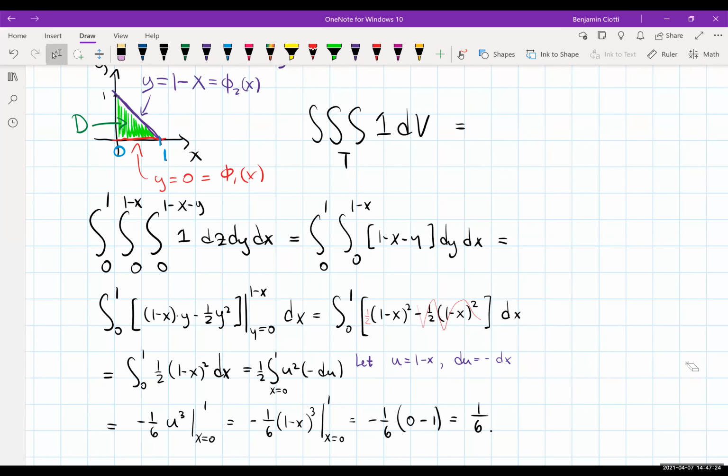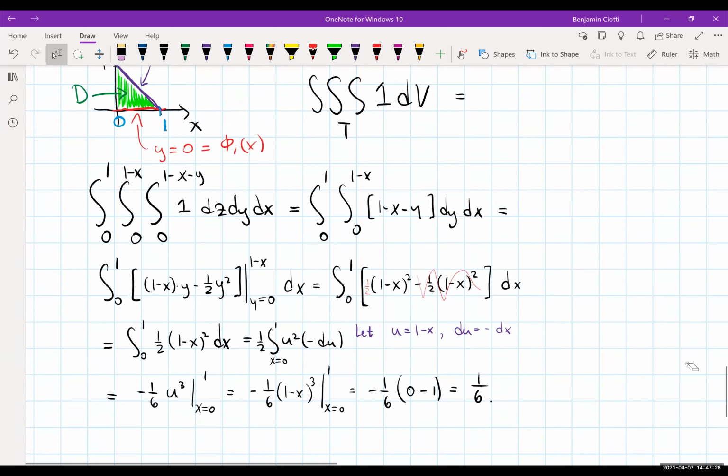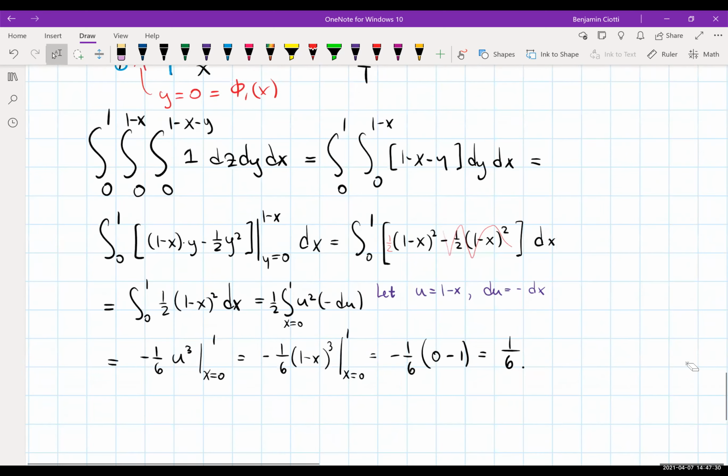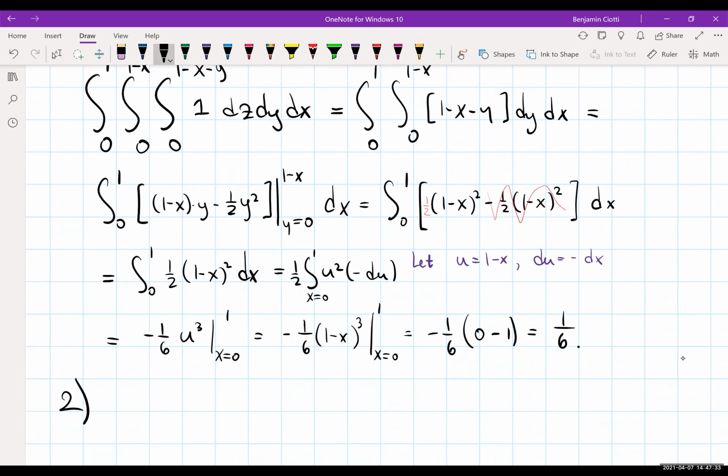But now let's do part 2 of the problem, which is to find the average height of points inside the tetrahedron.